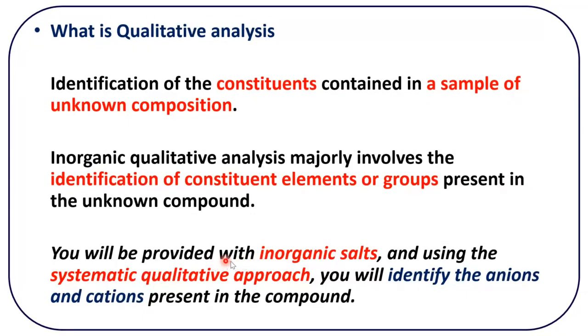You will be provided with inorganic salts, and using a systematic approach, a procedure you have to follow, you end up knowing the salt you have or the constituents of the salt you have. I mean the cations and anions.